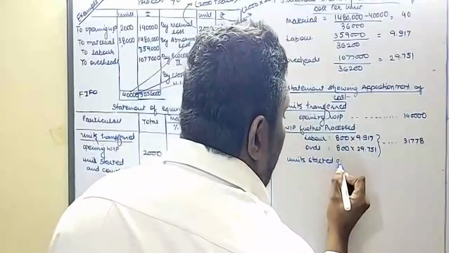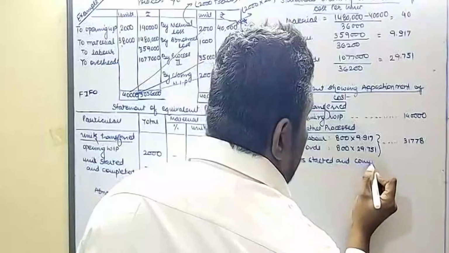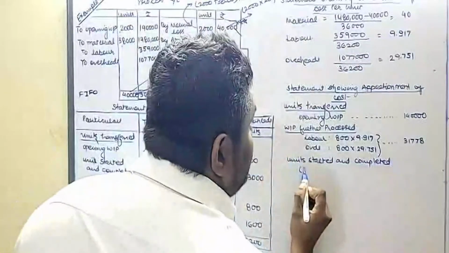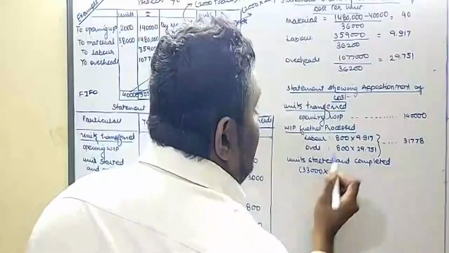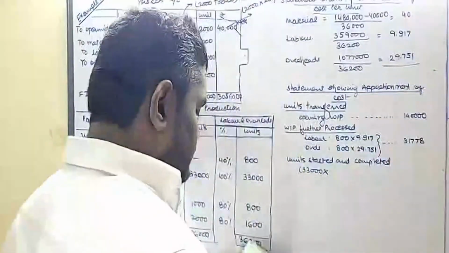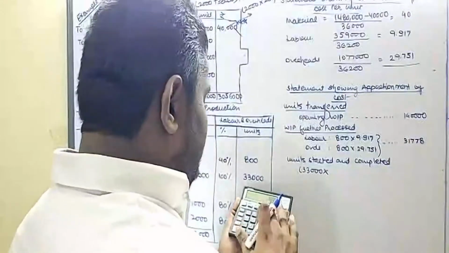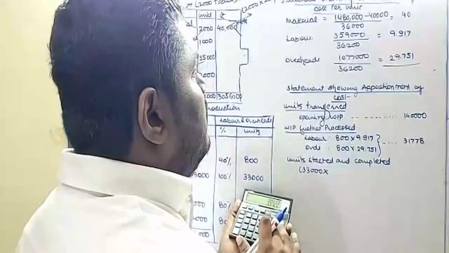Further, units started and completed is 33,000 units into the total cost, that is 29.751 plus 9.917.